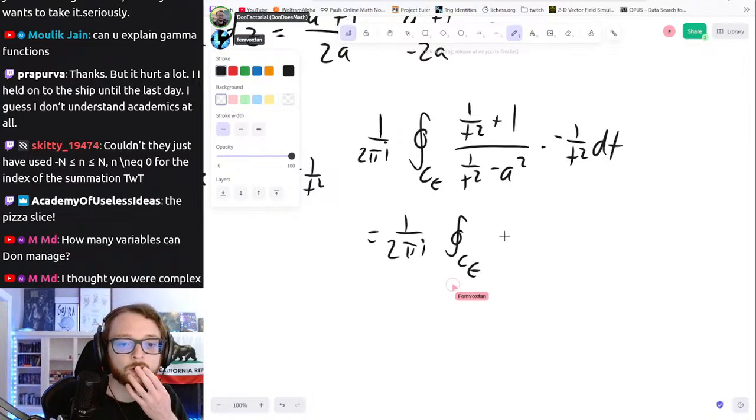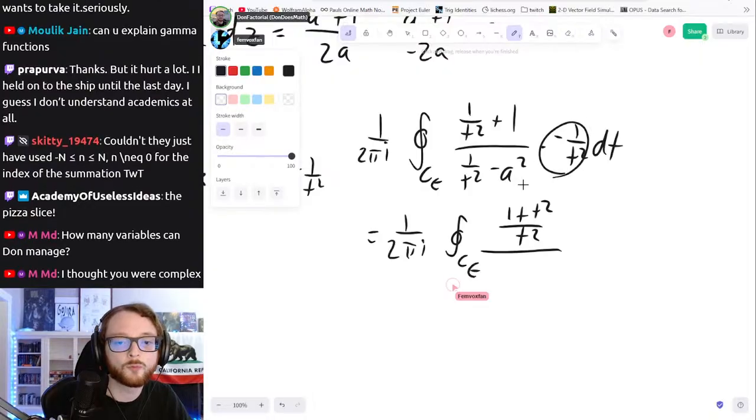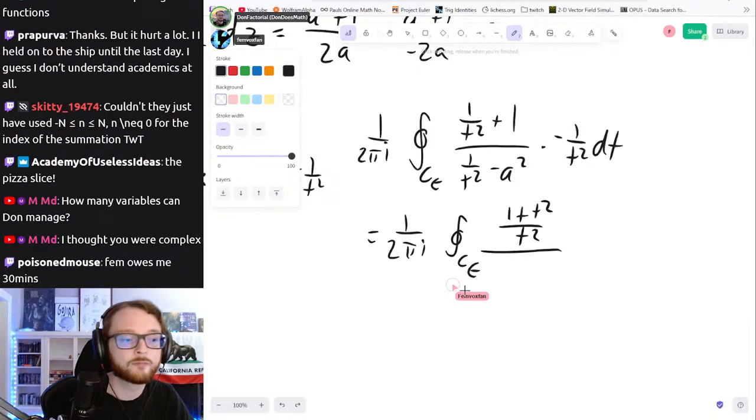Oh yeah, so we're going to want 0. So if we can just find that we're not including any poles, then hopefully we'll be okay. I multiply this down at the bottom.